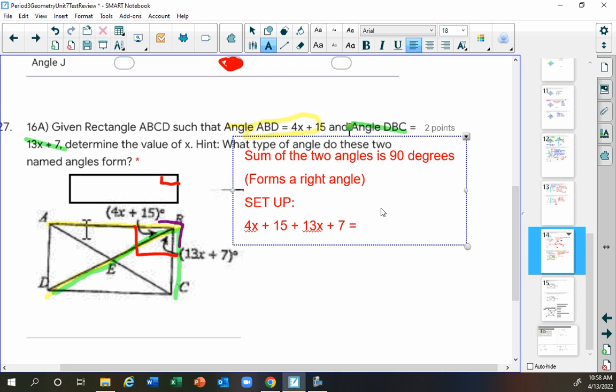They have to add up to how many degrees? Well, it forms a right angle. Alex, say it one more time. How many degrees is a right angle? 90. What's your setup? Remember, right angles are always 90 degrees.